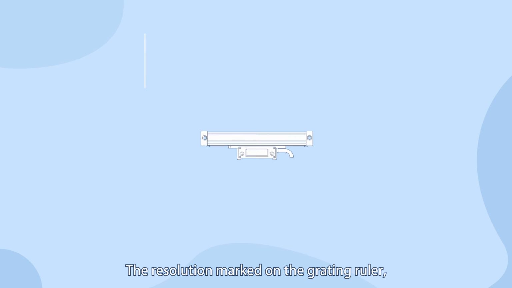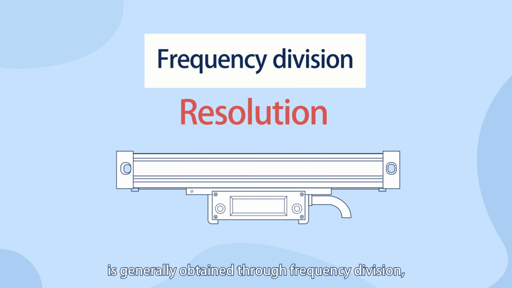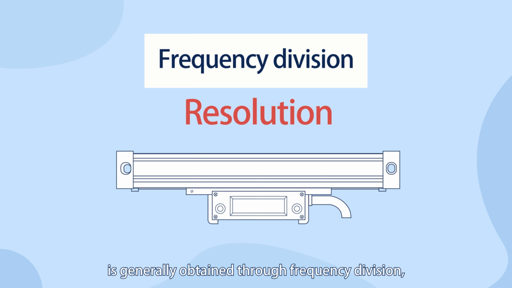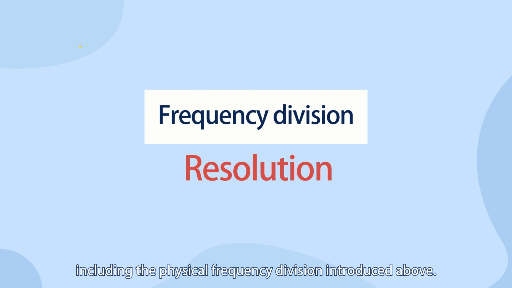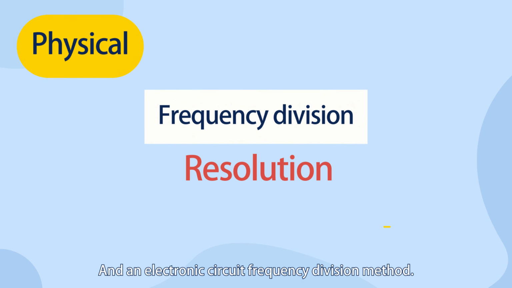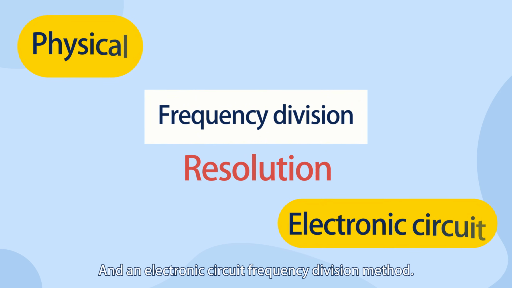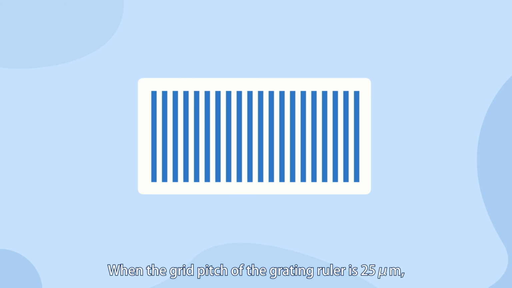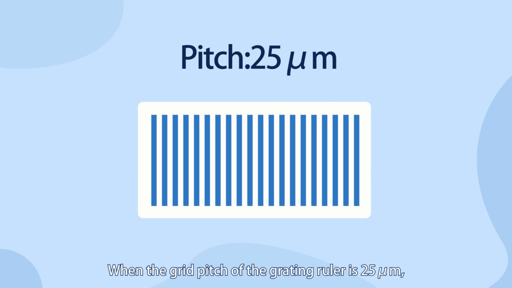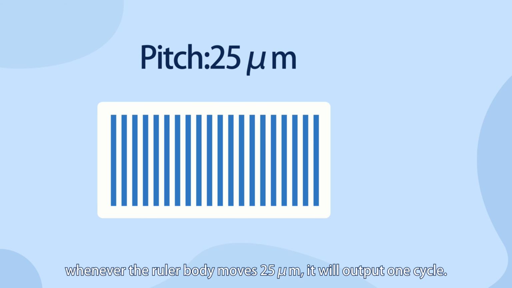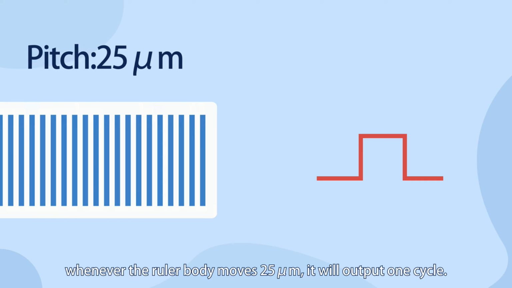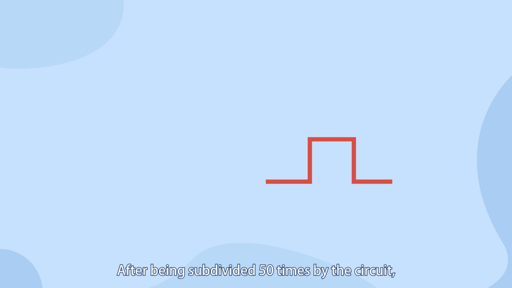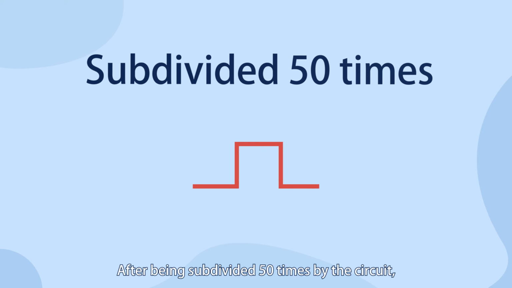The resolution marked on the grating ruler is generally obtained through frequency division, including the physical frequency division introduced above, and an electronic circuit frequency division method. When the grade pitch of the grating ruler is 25 micron, whenever the ruler body moves 25 micron, it will output one cycle, after being subdivided 50 times by the circuit.